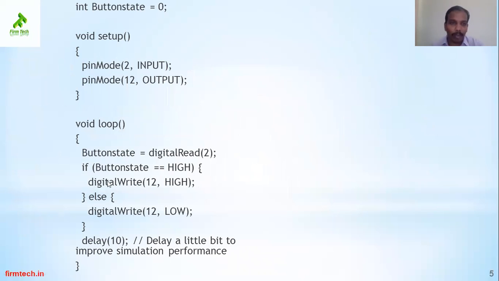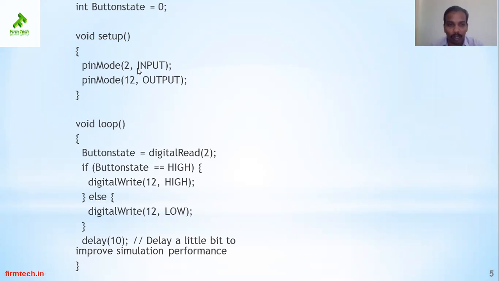See here, this is the declaration part. Button state, instead of button state we changed it to switch state. Then void setup, that is the initial setup of what we wish to do. And here we are declaring the pin mode, as well as that pin 2 is the input pin and pin 12 is the output pin. Yesterday we had only one, that is pin 12 as output.